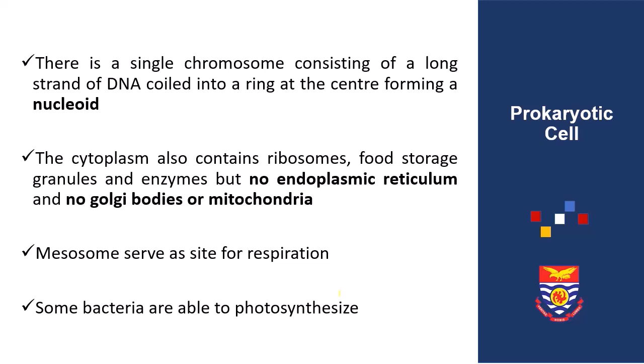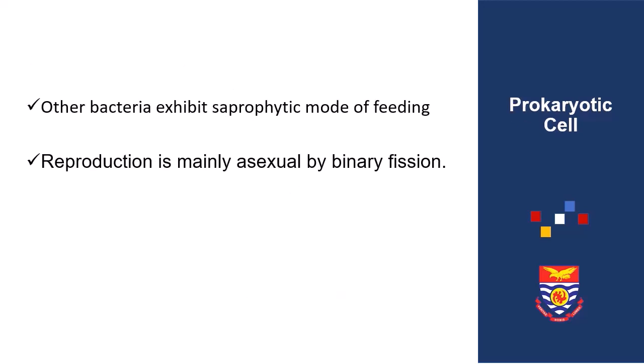Some prokaryotic cell types, such as some bacteria, are able to manufacture their own food. This is because they possess small membrane-like chromatophores that contain a pigment, bacterial chlorophyll, which helps them to synthesize their own food. With regard to their mode of feeding, some prokaryotic cells exhibit a saprophytic mode of feeding.